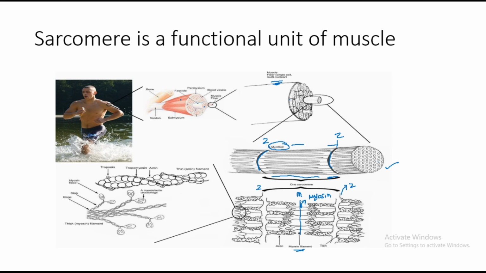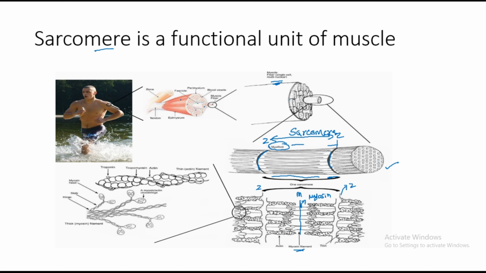So the area from one Z line to another Z line is called a sarcomere. This is one functional area of the muscle, particularly skeletal muscle.